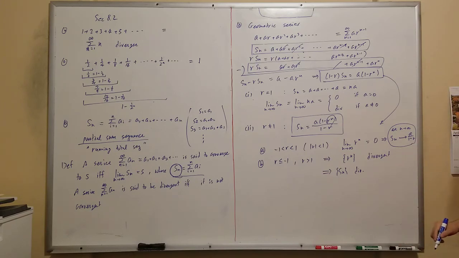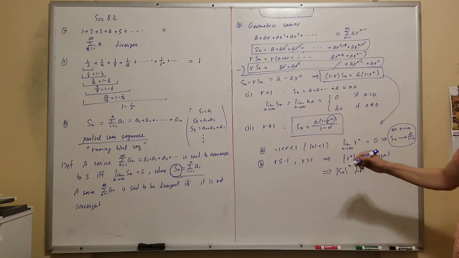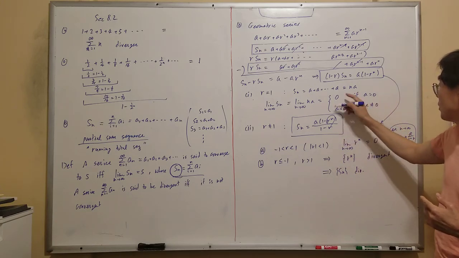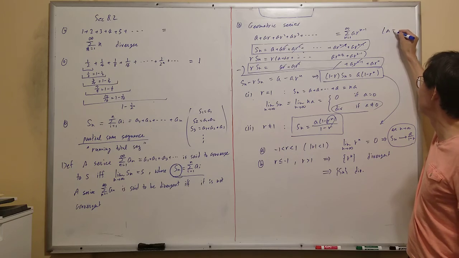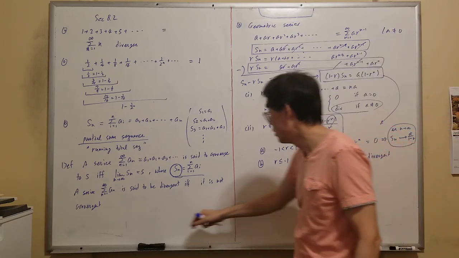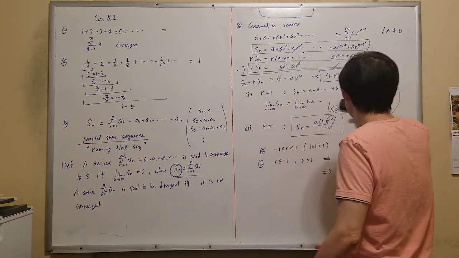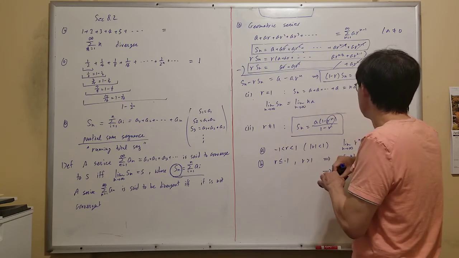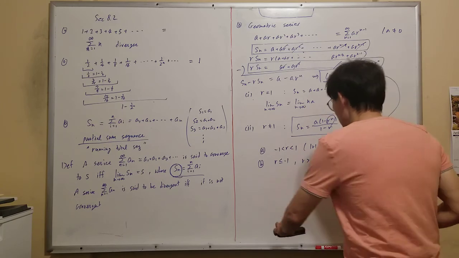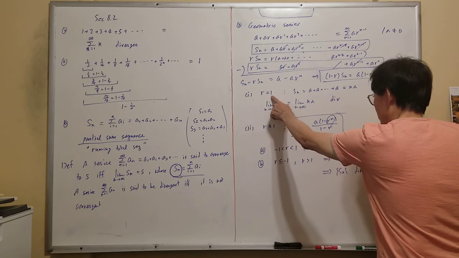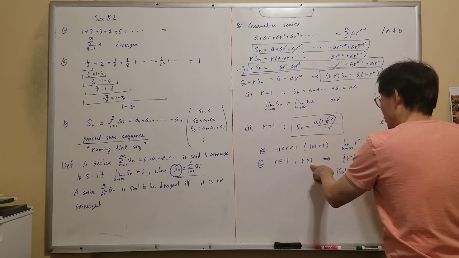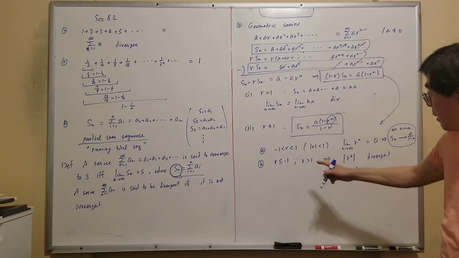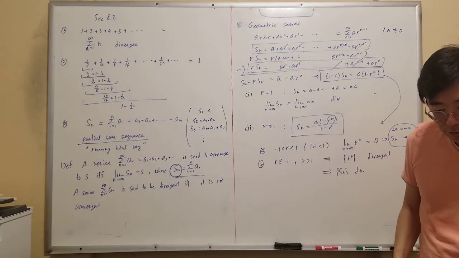Okay? So we don't consider the A equals 0 case; let's consider A is not 0. The R equals 1 case is divergent. Less than or equal to -1 is divergent. Greater than 1 is divergent. So everything except for this is divergent.